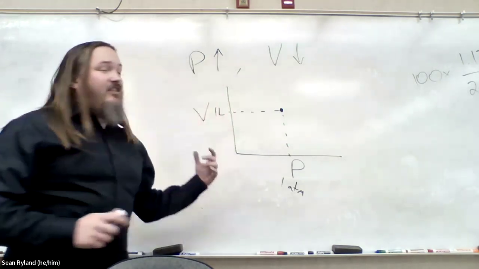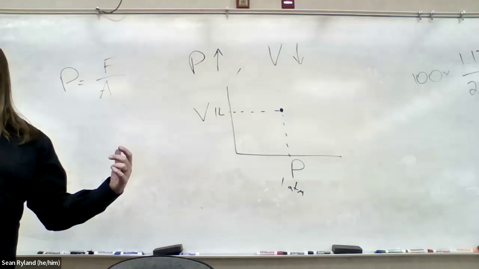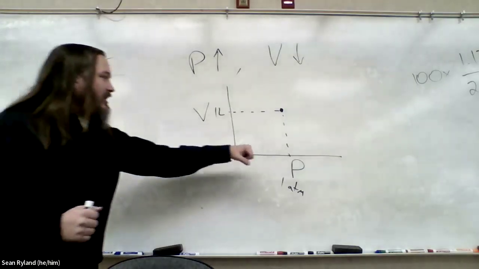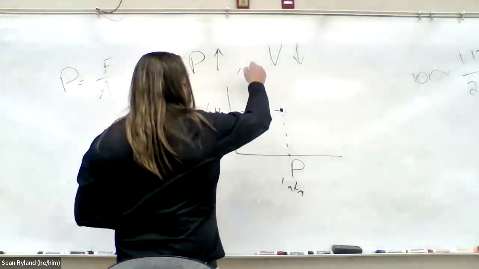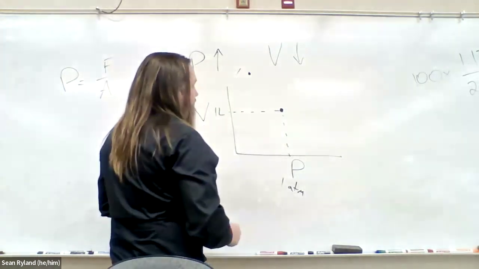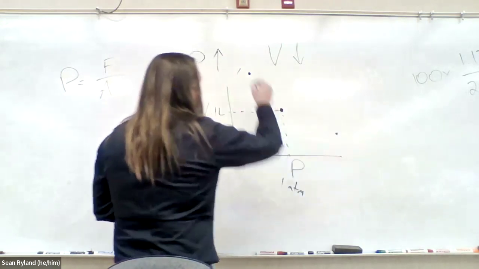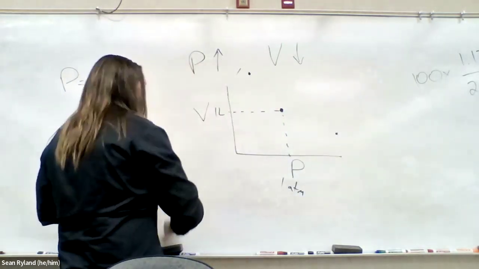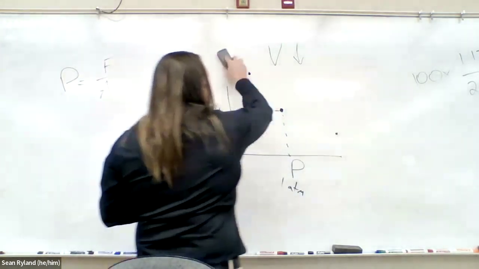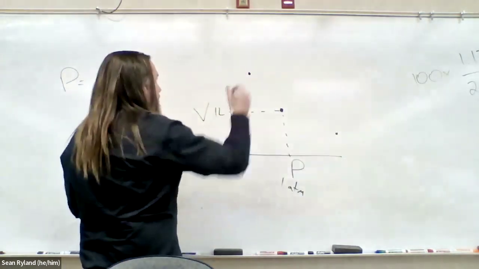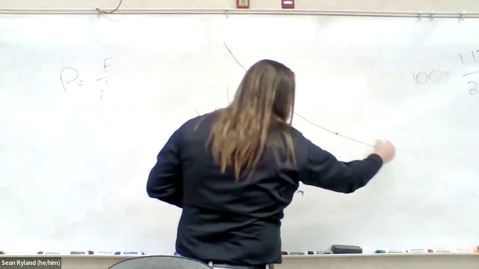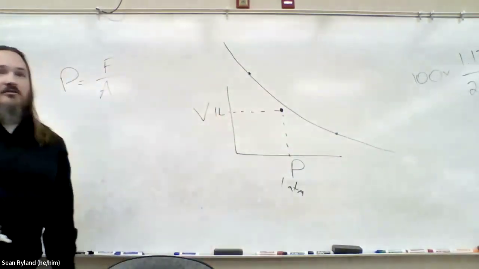So it would make sense for them to be inversely proportional to each other. If you cut the pressure in half, the volume doubles. If you double the pressure, the volume gets cut in half. This is what you're going to show tomorrow, is you're going to actually make a graph that looks like this.